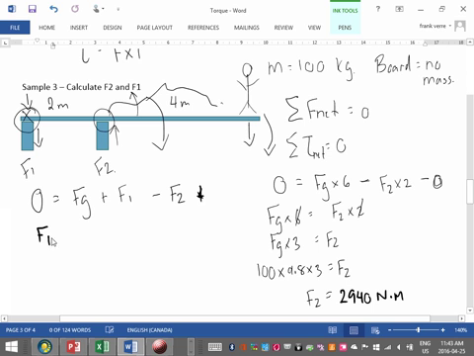So F1 would be what? It would be, bring the F2 over, would be positive. It would be F2 minus Fg.